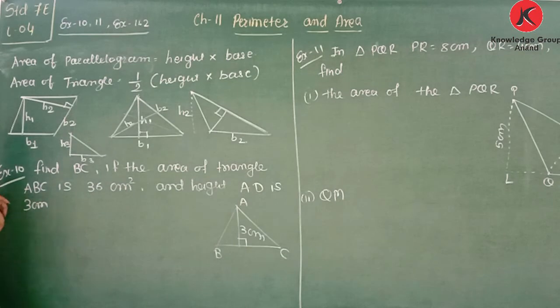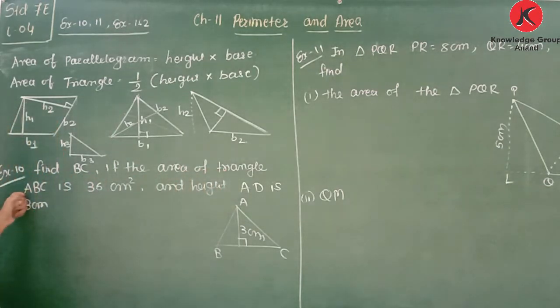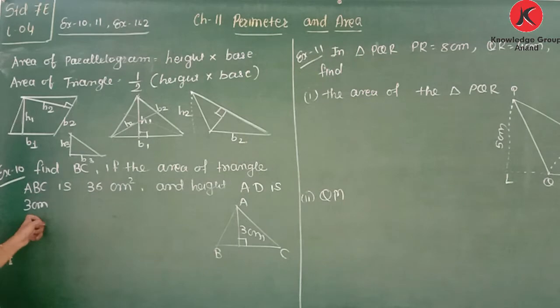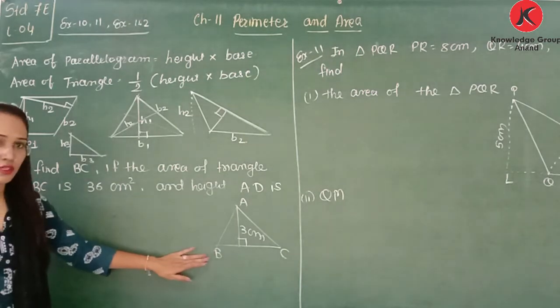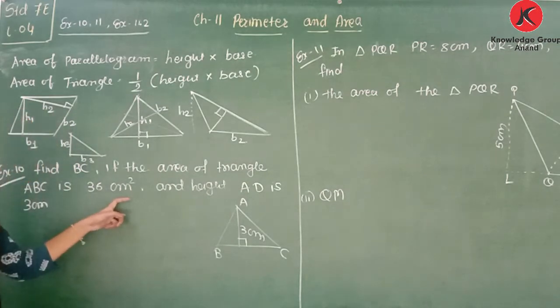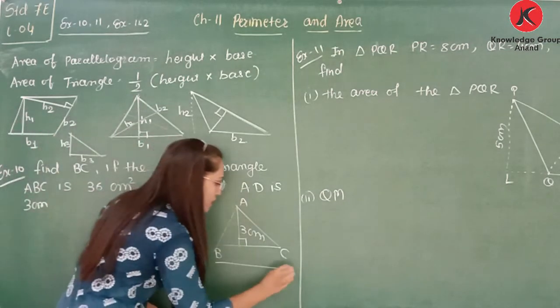First, example 10 that is given in the textbook. Find BC if the area of triangle ABC is 36 cm square and height AD is 3 cm. This figure is given. Area of triangle ABC is given 36 cm square. Height is given 3 cm and you need to find the base.